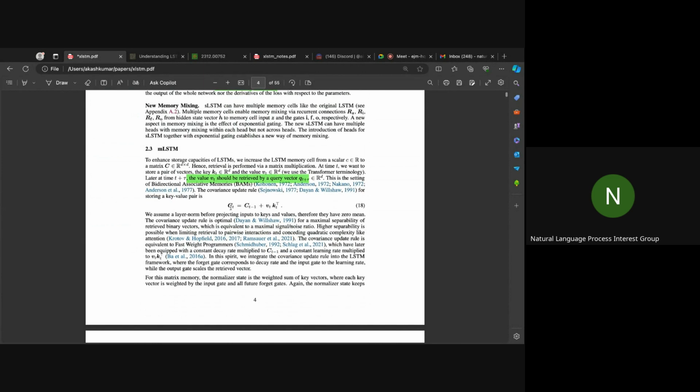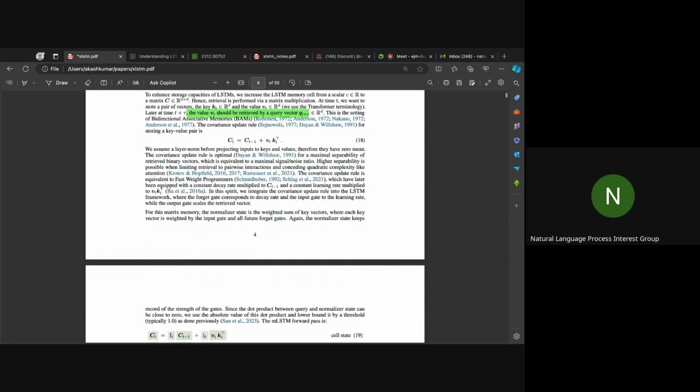So now the updates to the cell state look like this. Basically the new cell state depends on the last cell state plus this particular multiplication of the value and the key vectors. We'll just see now what they mean.